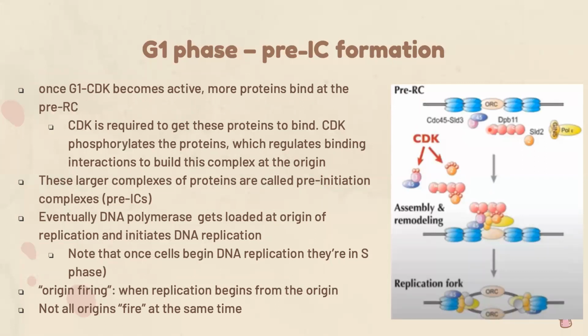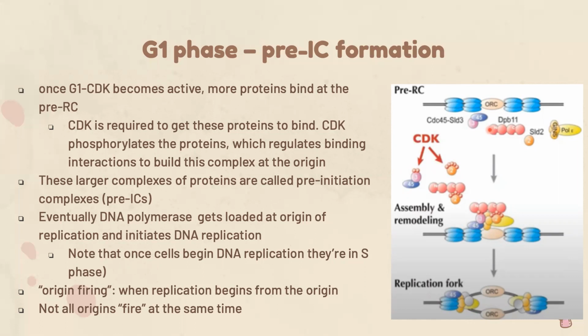And then the last thing that happens in G1 is the pre-IC formation. So once G1 CDK becomes active, there are more proteins that bind to the pre-RC to form the pre-IC. CDK is required to get the proteins to bind.